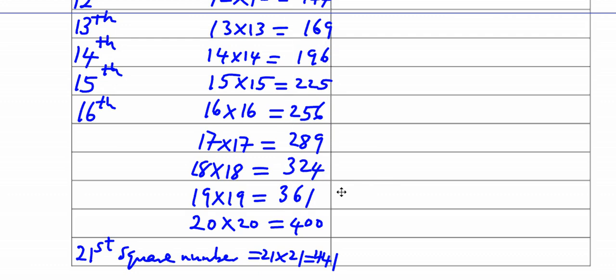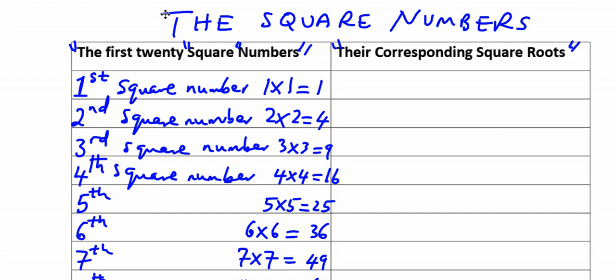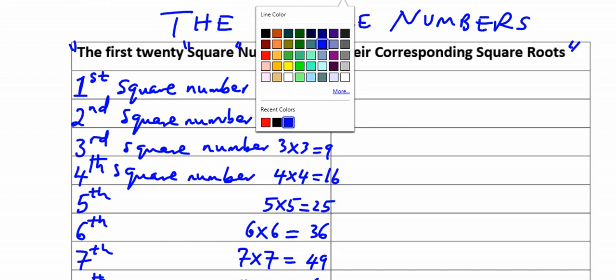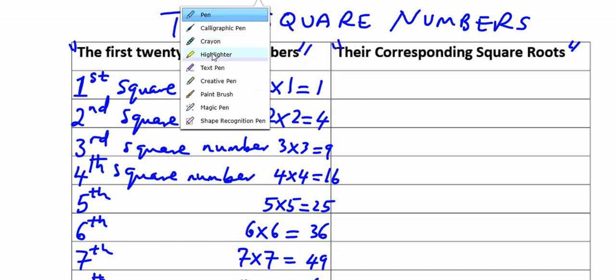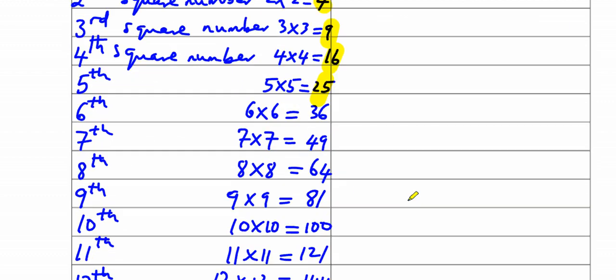Let me highlight them. If at all they ask you, can you write down or select the square numbers? So these are our square numbers: 1, 4, 9, 16, 25. All these are square numbers, and so on and so on.